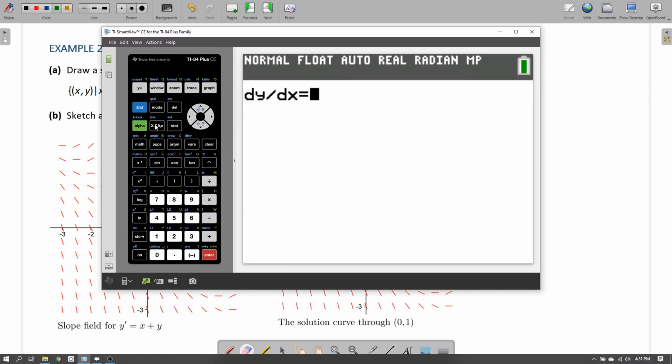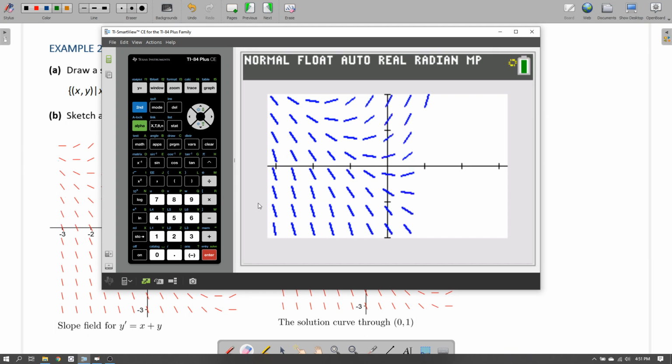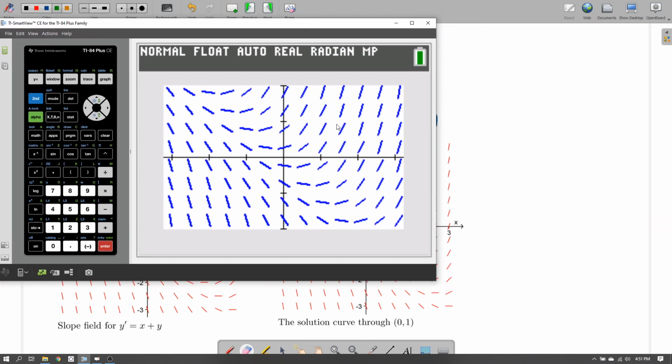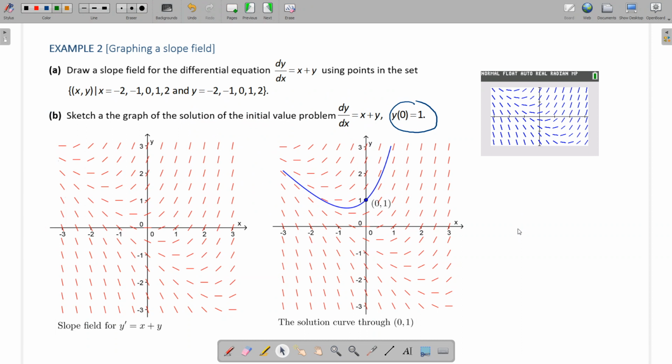So we type it just like that, x plus alpha y, and then it generates the image of the slope field for you. There are some settings to tweak how long these segments are, but I would probably just leave it with the default setting. You can see it's giving us a pretty close picture for what you have there.